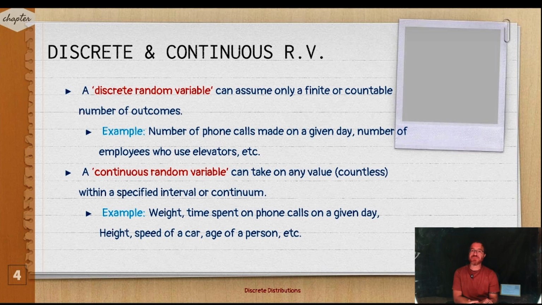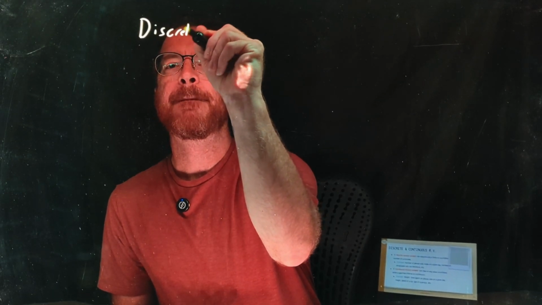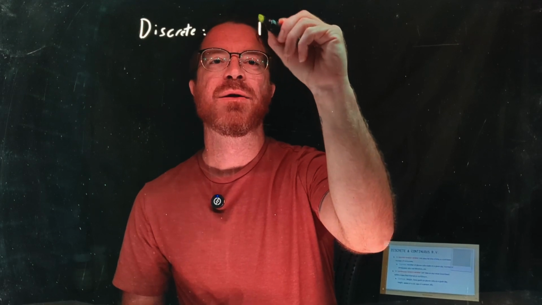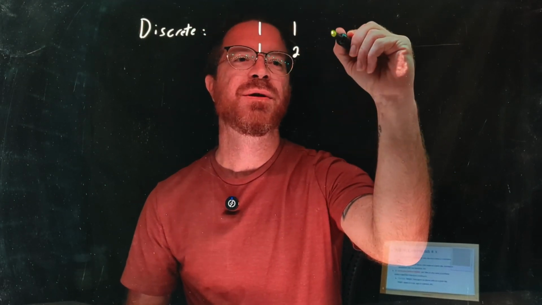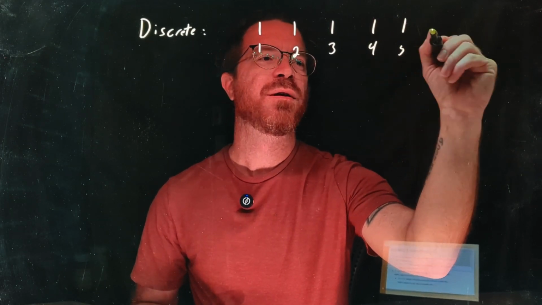A continuous random variable can take any value on a continuous spectrum within some particular interval or continuum. So what does this mean? It means that when we have discrete values, they have gaps. So it'd be something like 1, 2, 3, 4, and so on.